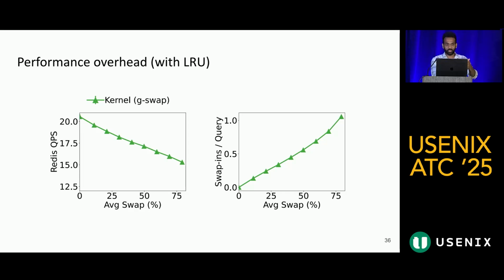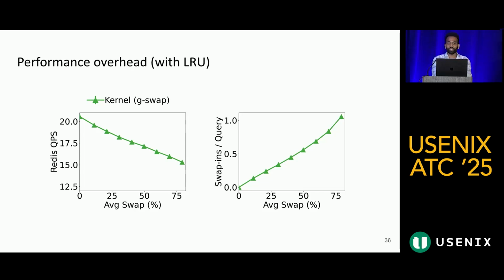I'm going to show that with a set of charts in the next couple of slides, where I compare different implementations of the same policy, which is LRU in this case, that are implemented in the kernel. I'm going to show you the Redis performance on the left as I increase the amount of data that I put into the swap.